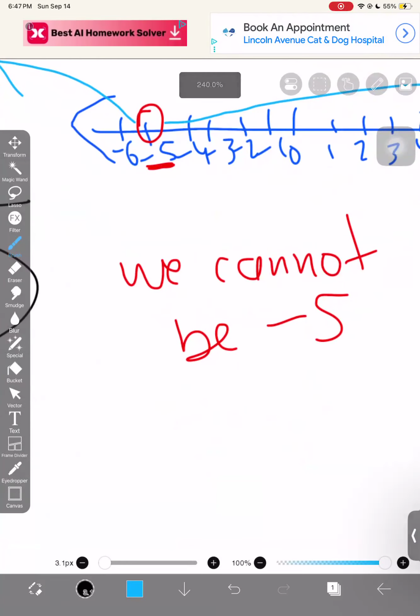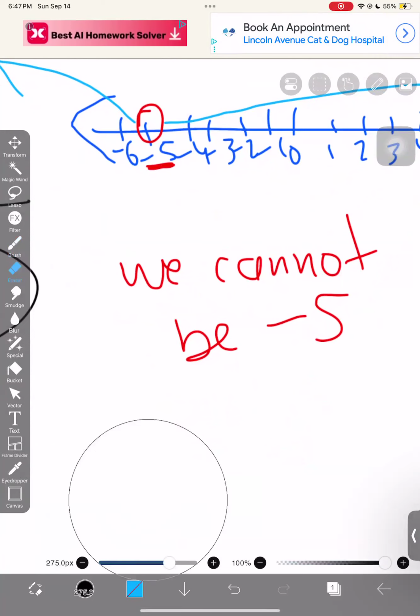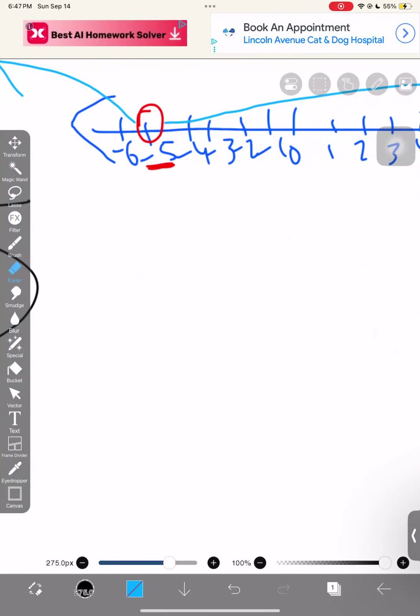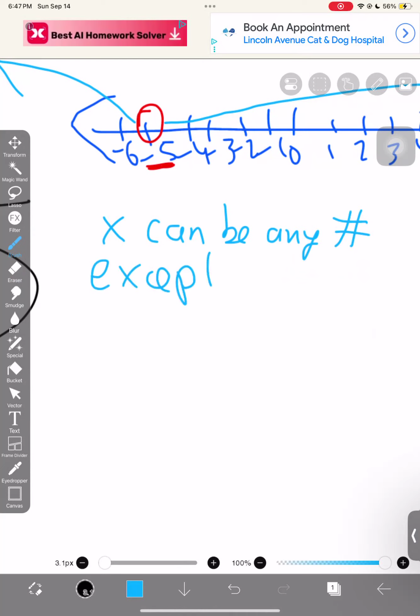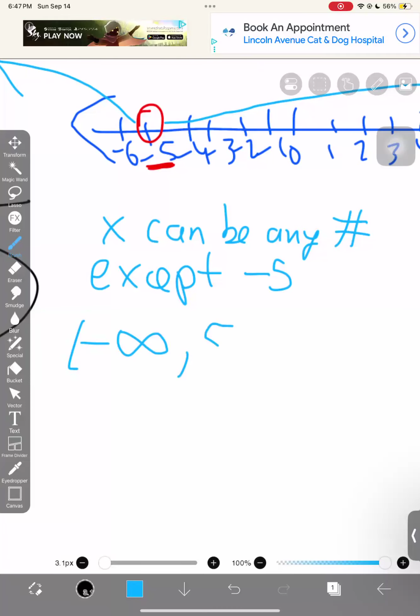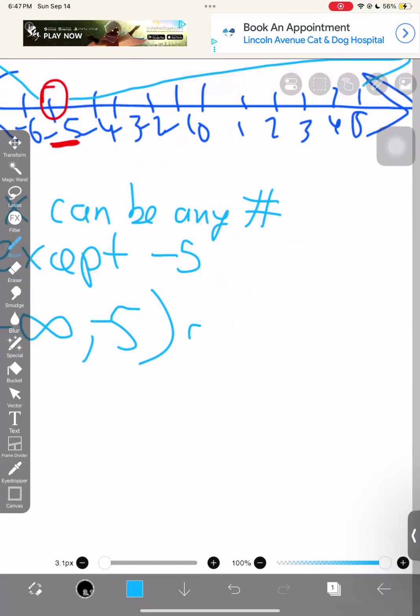So any number from -infinity to -5, but it cannot be -5, and any number, or union, right?